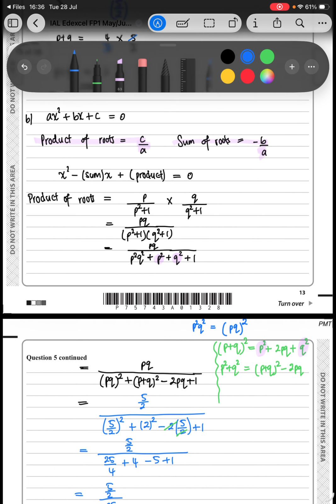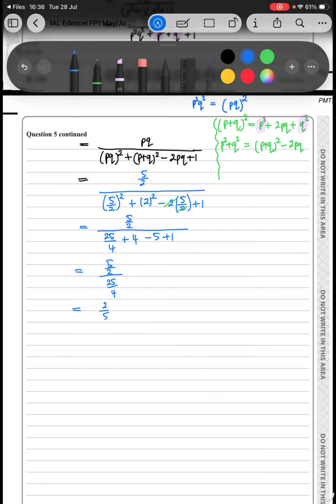Now let's find the sum of the roots, which is going to be p over p squared plus 1 plus q over q squared plus 1.